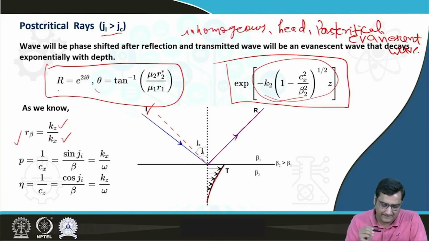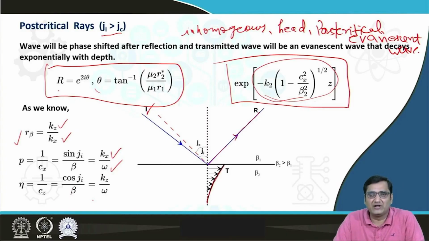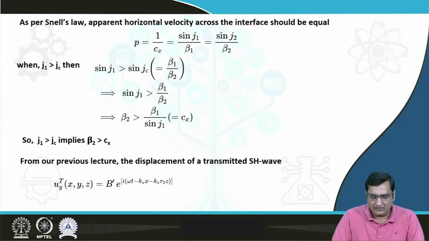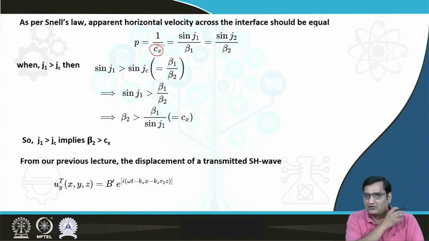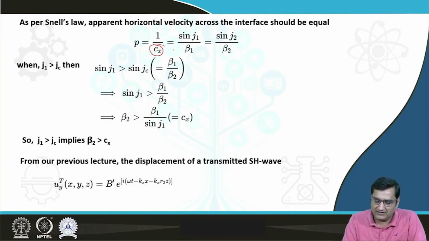Basically it is 1 by cx, that is sine ji by beta, equal to kx by omega, and neta is the vertical slowness, that is cos ji by beta, equal to kz by omega. Now, as per Snell's law, the apparent horizontal velocity Cx across the interface should be equal. That means p is equal to 1 by Cx, which is equal to sin j1 by beta 1, which is equal to sin j2 by beta 2.